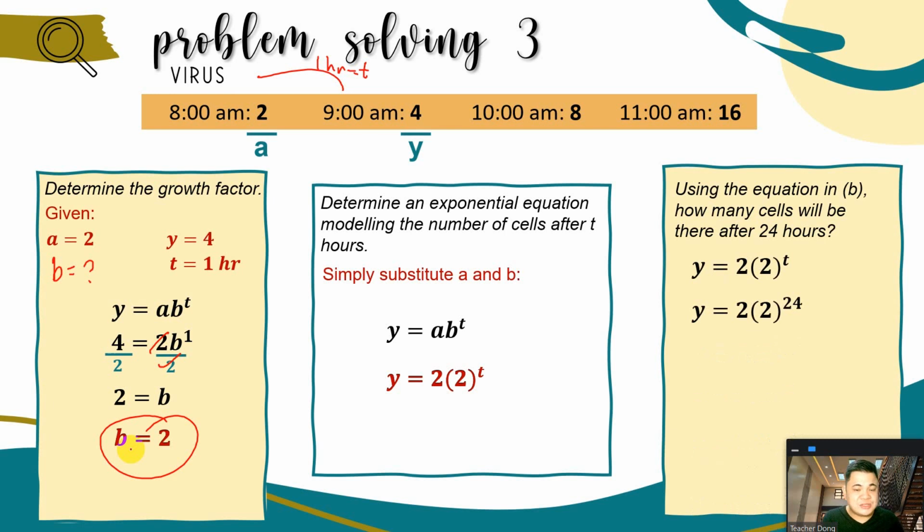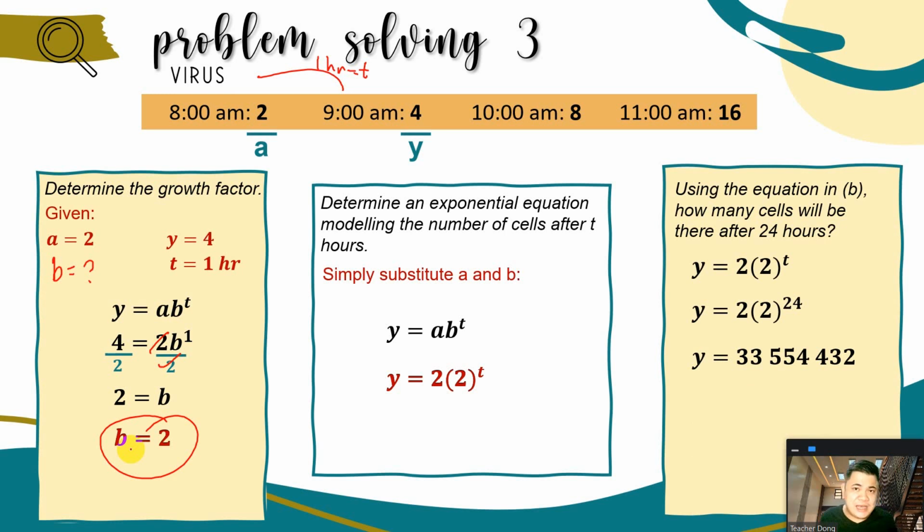So y equals 2 times 2 raised to the power of t. Substitute the values and simply use your calculator in solving this. This is not an approximation because, as you can see, the answer is exact. So y is equal to 33,554,432 after 24 hours.